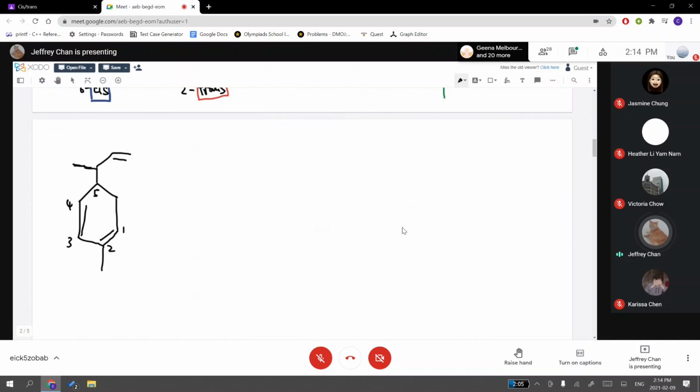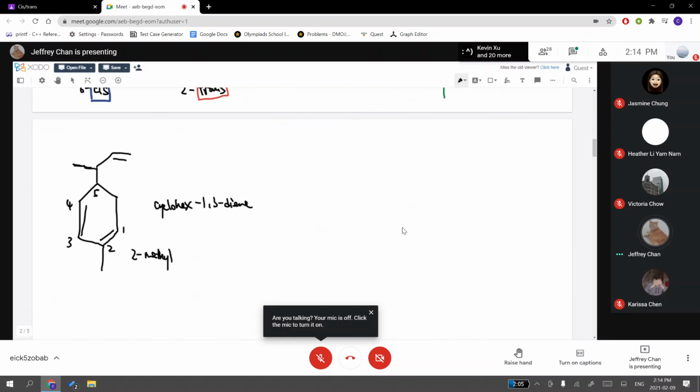All right, so the 2 is pretty easy. This is 2-methyl. The parent is a cyclohexa-1,3-diene. So the problem here is with the branch. The branch goes 1, 2, 3, 4.